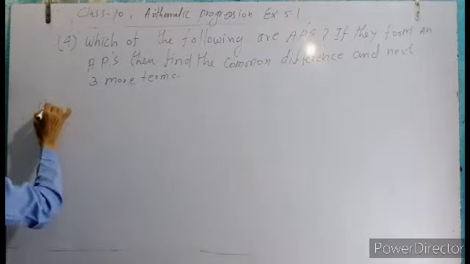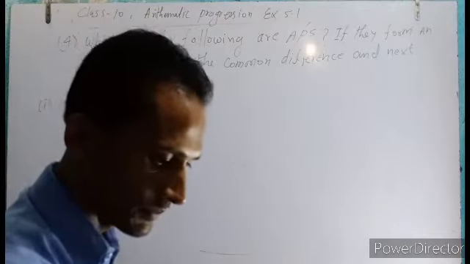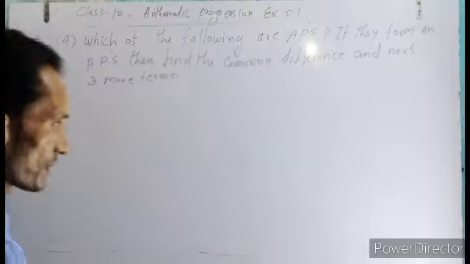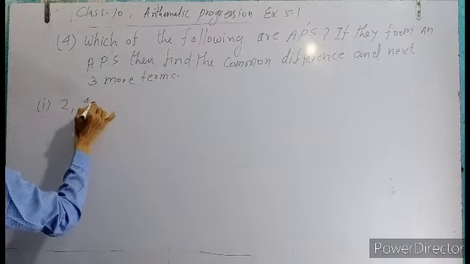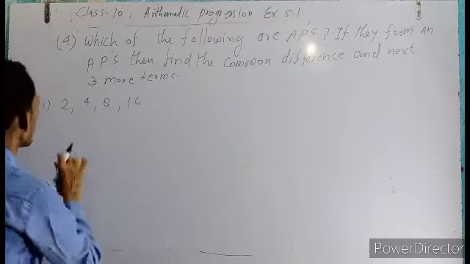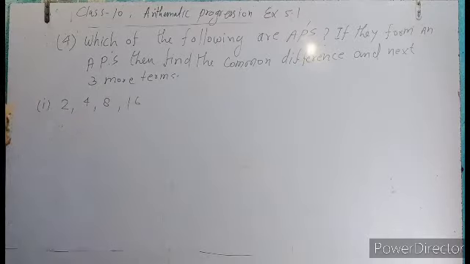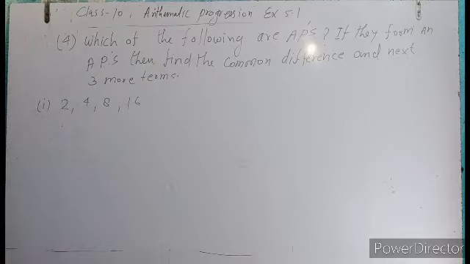First one, first part. What is given? 2, 4, 8, 16. 2, 4, 8 and 16 are given. So you have to find out, if they form an AP, so what can we do for identification of APs?